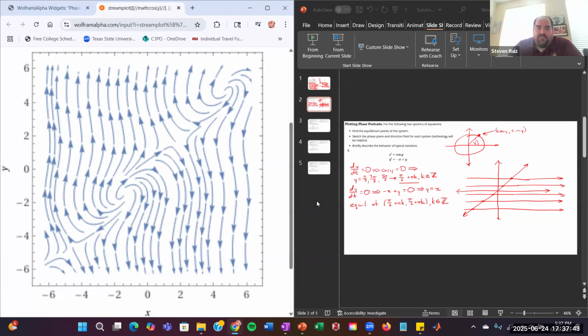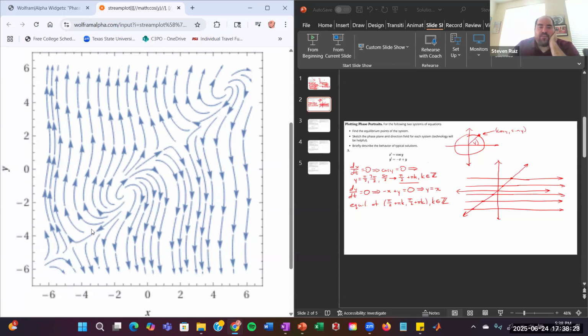And what algebraically supports that? The fact that we have so many places where dy/dt is non-zero and dx/dt is 0. Well, we found a ton of places where dx/dt was equal to 0. There are infinitely many of them, and they happen periodically. Whereas dy/dt equals 0 also happens in infinitely many places, but in a more concentrated way.